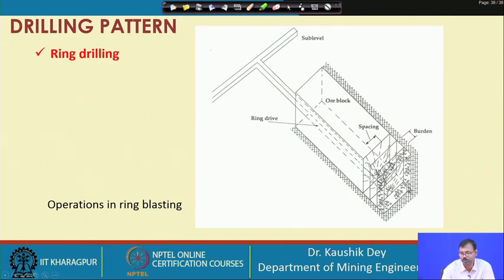And this is how each slice is excavated by ring drilling. This is one slice excavated by one ring drilling. This is another slice excavated by another ring drilling. This is the third slice. So, this is slice 1, slice 2, slice 3. These are the different slices excavated in ring drilling.